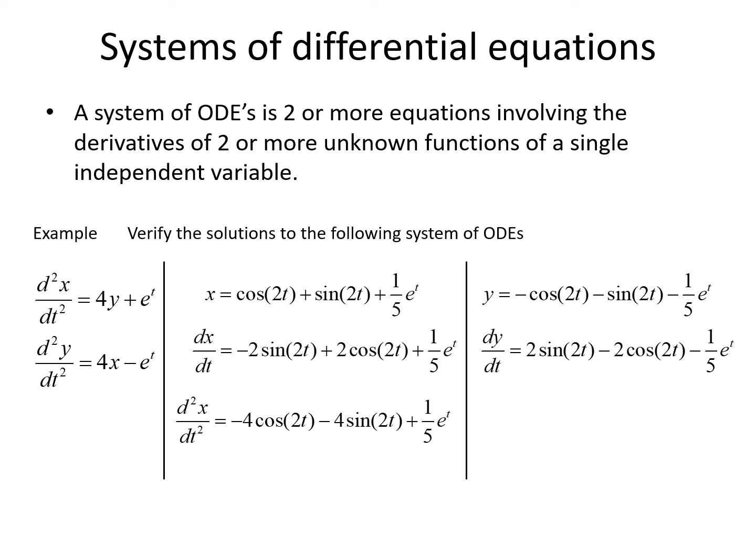And then for y, our first derivative will be 2 sine of 2t minus 2 cosine 2t minus 1/5 e to the t. And our second derivative will be 4 cosine of 2t plus 4 sine of 2t minus 1/5 e to the t. So now that we have x, y, and the second derivatives, we can plug in the pertinent expressions to our differential equations to see whether or not they're true.